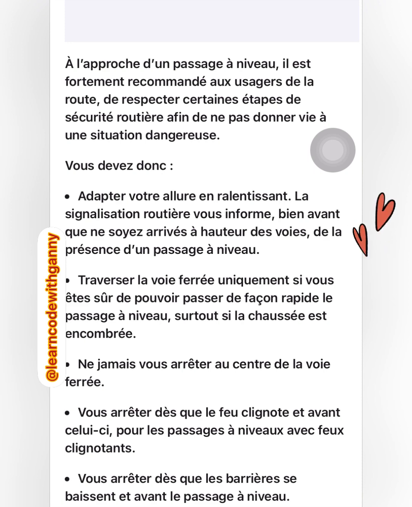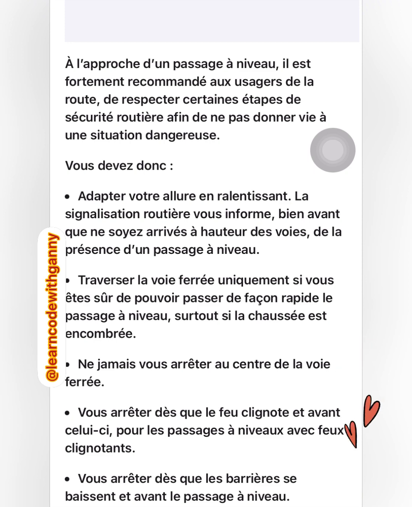Road signs inform you long before you reach the track of the presence of the level crossing. The signs will show you. The next one is cross the rail only if you are sure you can pass the level crossing quickly, especially if the road is congested. Never stop at the center of the railway.